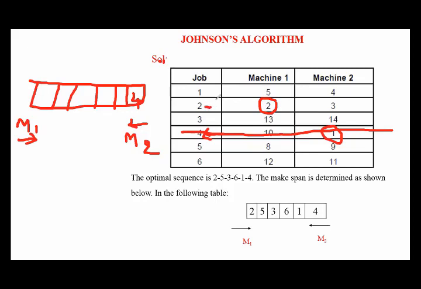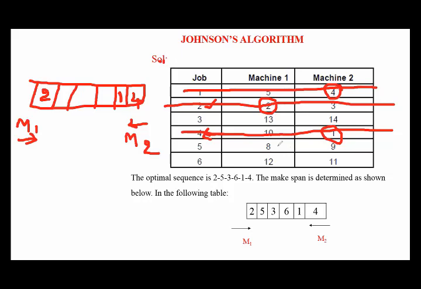So we write it at the start, because machine 1 has the minimum time, and we remove this row. Then the next minimum is at machine 2, that is 4. So we take this job order here, that is 1, and again we remove this row for further iterations.